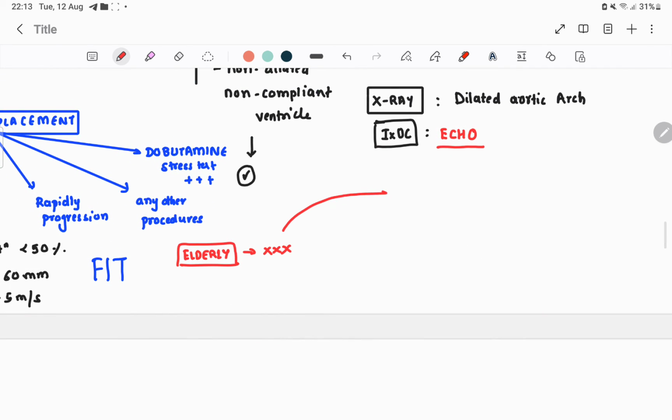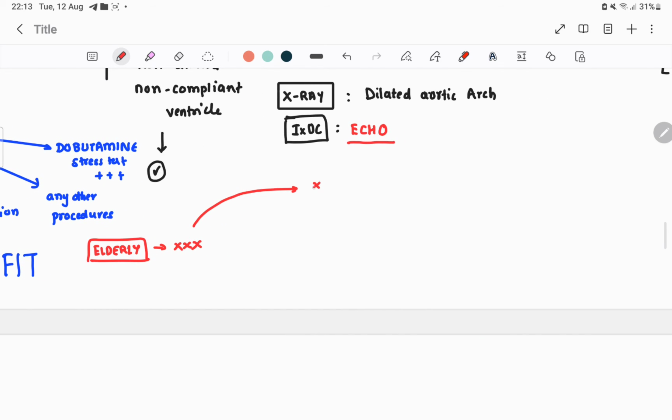Due to this, we made a medical innovation that is very commonly done nowadays as the price is reducing, that is the transcatheter aortic valve implant or replacement, TAVI or TAVR.